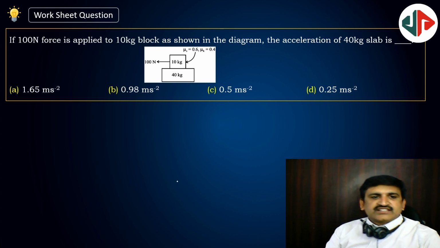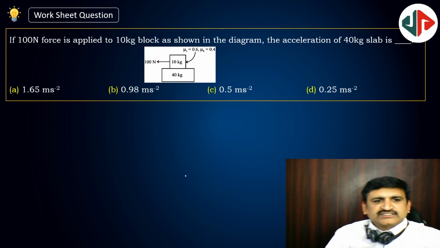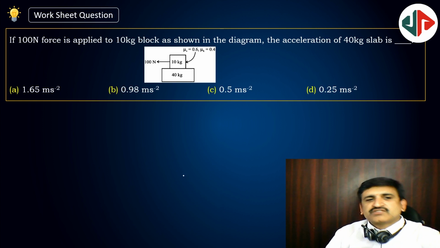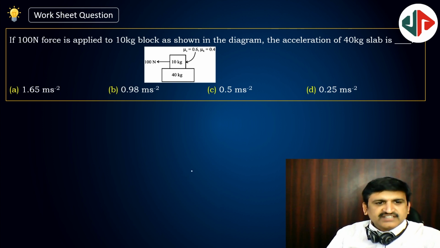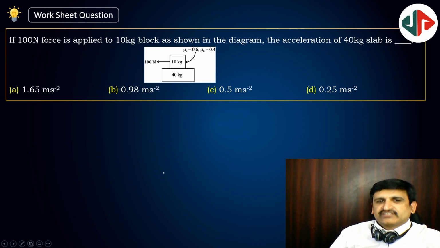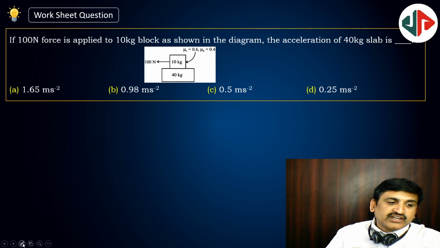Acceleration of the 40 kg slab. First, the force transferred to the 40 kg: if there is a relative motion, then only kinetic frictional force will be transferred. If it is static, there is no relative motion, then static frictional force will be transferred. So that we have to check.